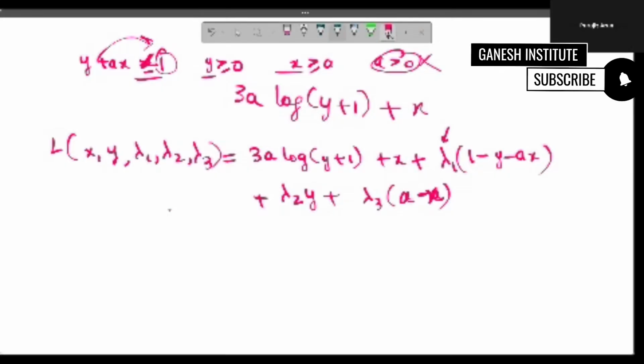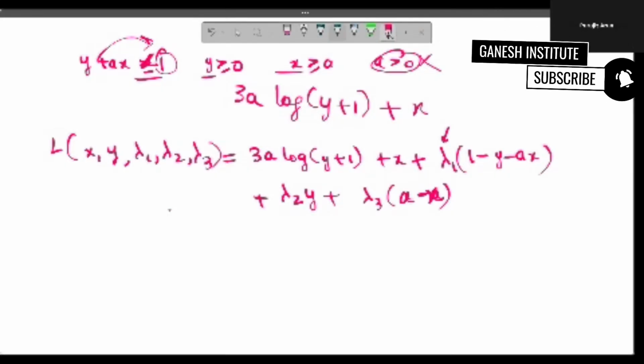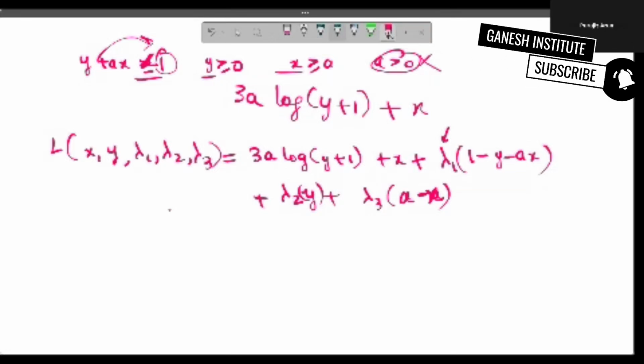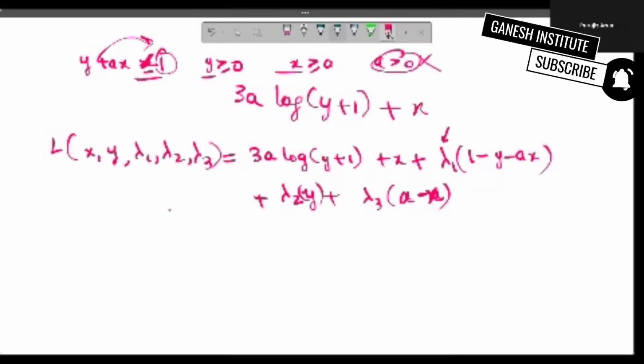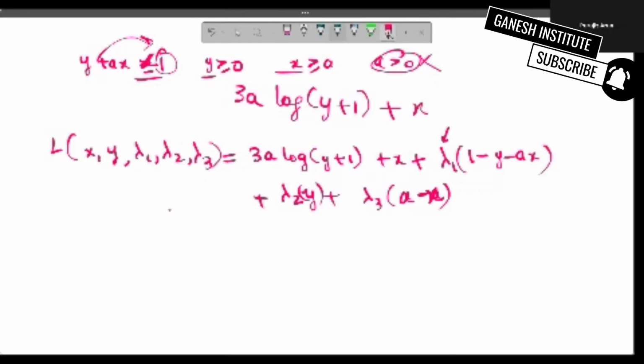Once you get this, that wouldn't make much of a difference. Then we should do 0 minus y, right? Y minus x is fine.